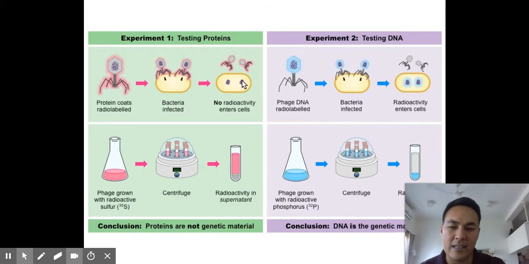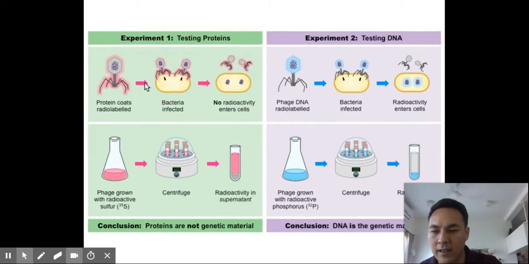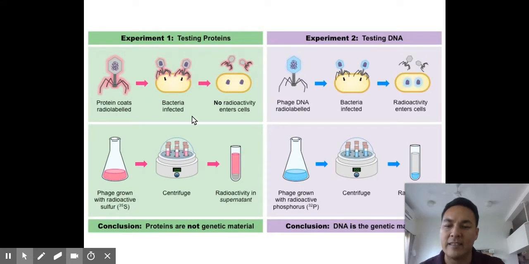And then they spun the materials, and they could see if it was in the bacteria, it'd be in the pellet at the bottom because that'd be more dense than the liquid. What they found is that the bacteriophage did not inject the radioactive sulfur into the bacteria, right? It stayed in the liquid.